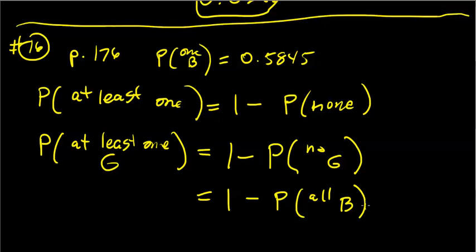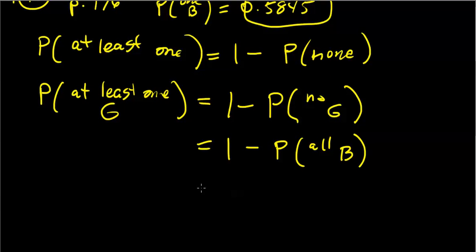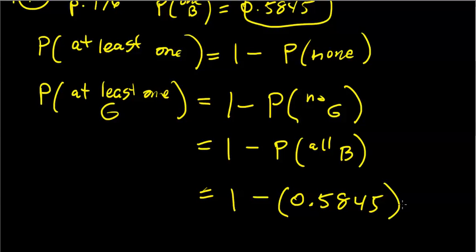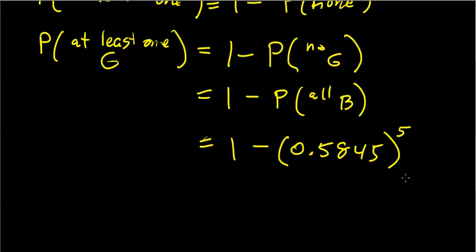Right? We know the probability of one boy is 0.5845. So what I can say then is this subtracted quantity is really the probability of one boy raised to the 5th power, assuming independence of gender in any birth.